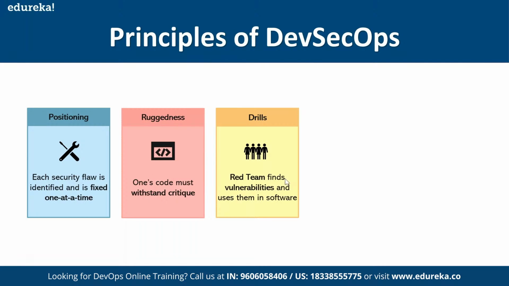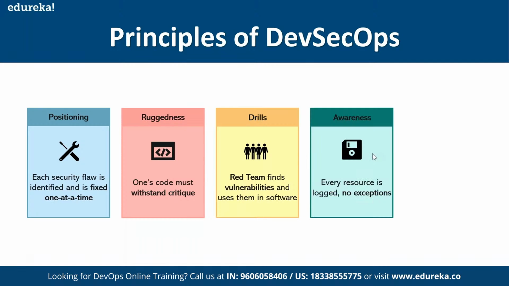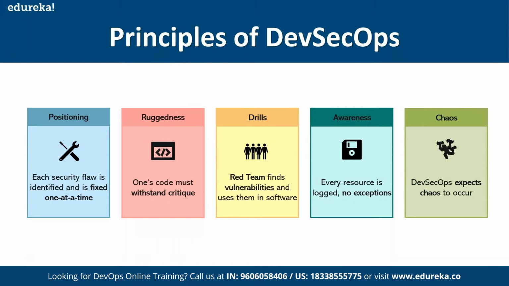Drills: the red team finds vulnerabilities and uses them in the software. Awareness: each source is logged, no exceptions. Anything that has to be found should be found on time. Chaos: DevOps experts cause chaos to occur. I mean, they are always ready to fix the issues. So these are a couple of the principles.